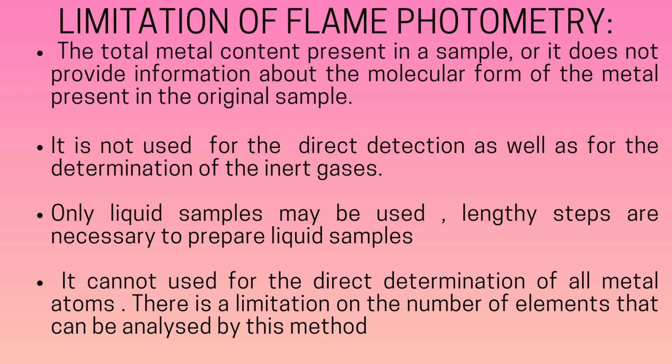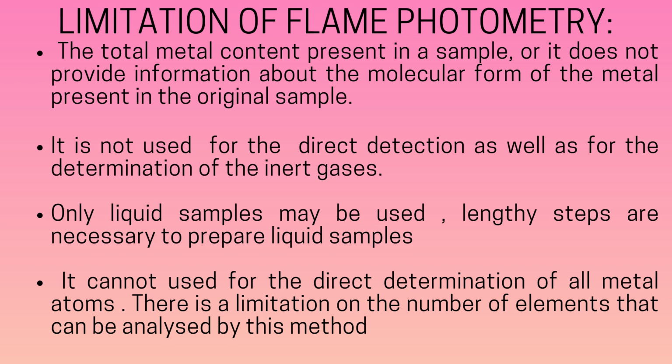Next are the limitations of flame photometry. From flame photometry, we can get only the total metal content present in the sample solution. It does not provide information about the molecular form of the metal. Also, flame photometry cannot measure inert gases, and it can be used to analyze only liquid samples.